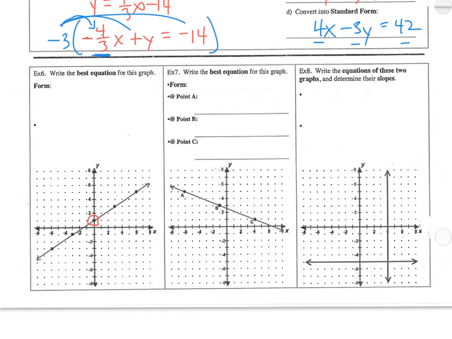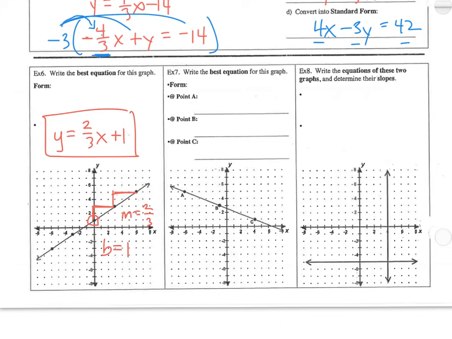If I have a y-intercept, given that I know exactly what point it's passing through, I'm going to think about using slope-intercept form because I know that b is equal to 1 because it's crossing the y-axis at 1, and that my slope is equal to 2/3 because it's going up 2 over 3, up 2 over 3. So if m is equal to 2/3 and b is equal to 1, I can write y equal to 2/3 x plus 1. Slope-intercept form. Easy peasy.